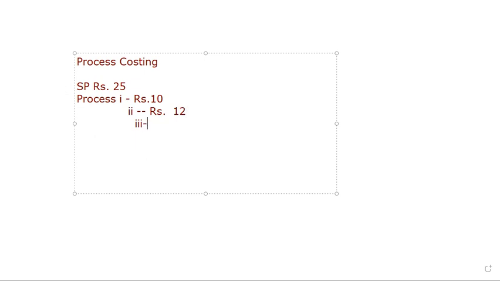And प्रोसेस 3 में आपका for example 5 रुपीज चला गया. ओके. अभी ये without process costing है. Without process costing से आपका टोटल होता है 27 रुपीज, जो actual मैंने आपको बताया without costing applied किया आपने.